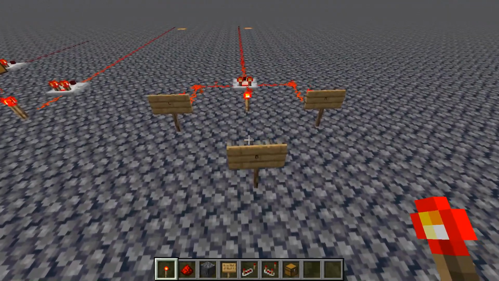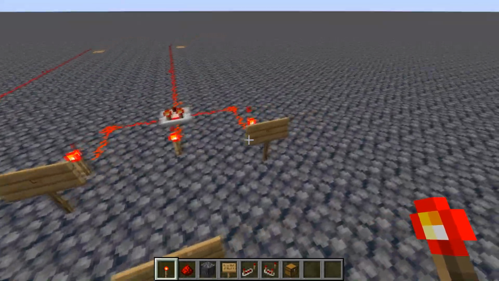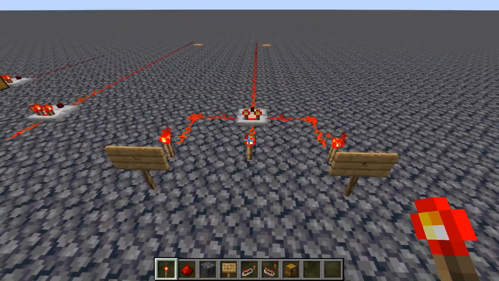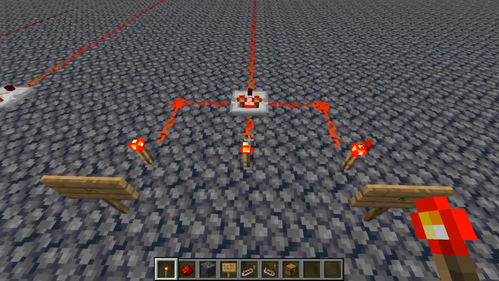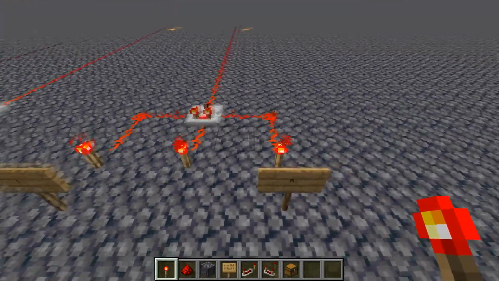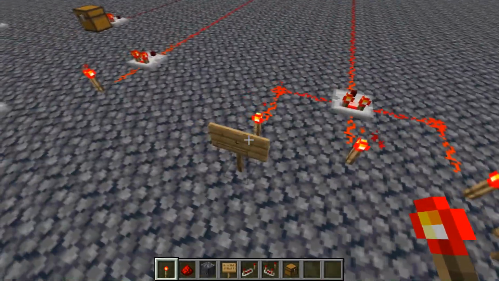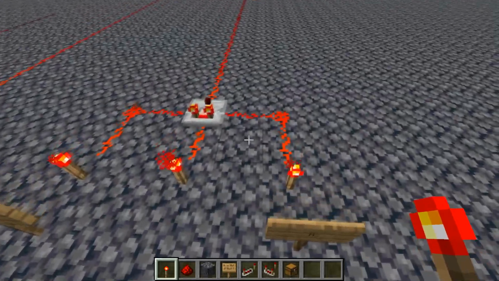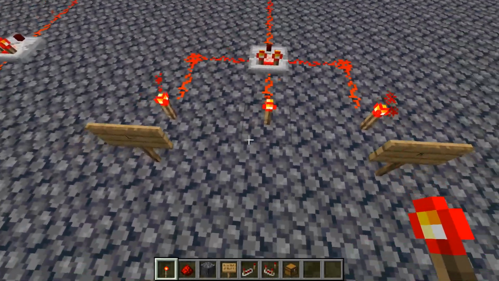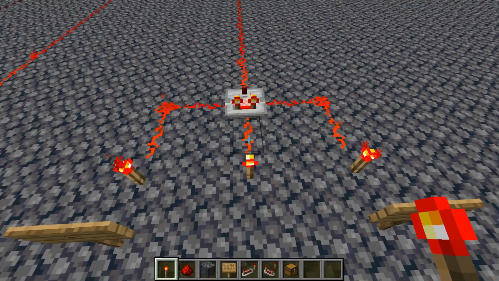So we have this case right here where we have the left signal strength, the right signal strength, and then here we have the back signal strength, okay? And as you can see here, we have this following sort of configuration. So the left and the right signal strength are 13, as you can see from this example, and the back signal strength is 15.